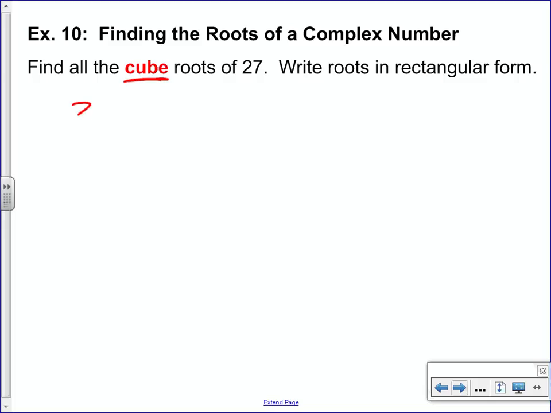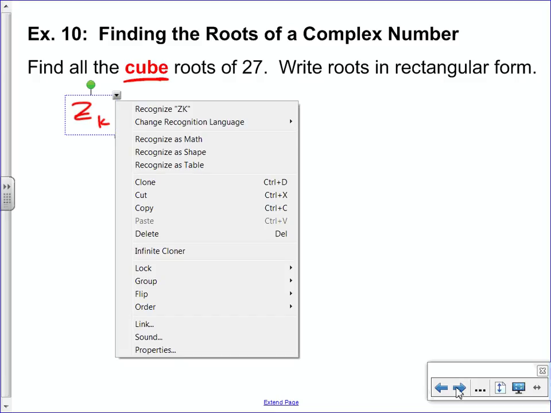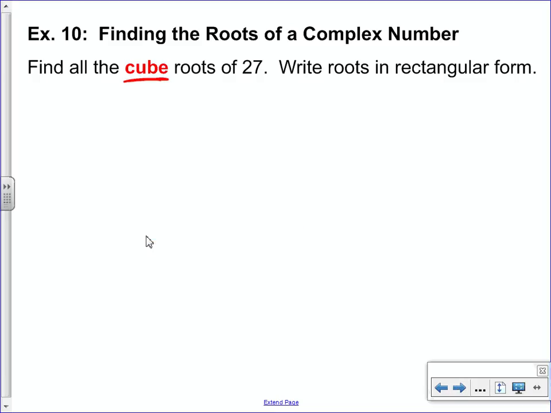All right. So z sub k is equal to, oh wait, I didn't find the modulus. Sorry. In order to do the formula, it has to be in polar form. So do you agree that 27 is equal to 27 plus 0i?